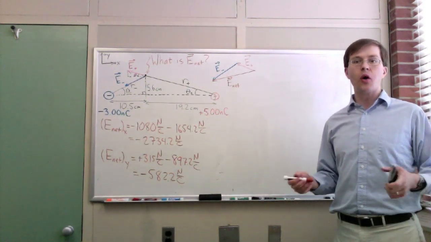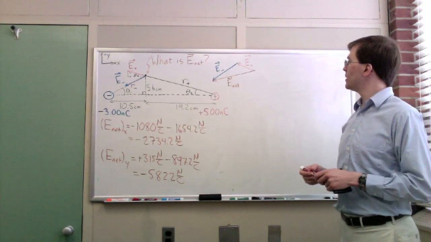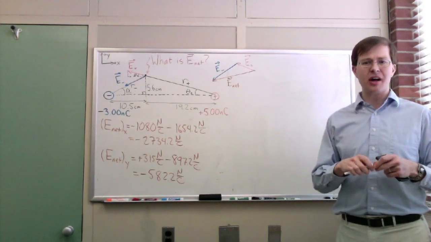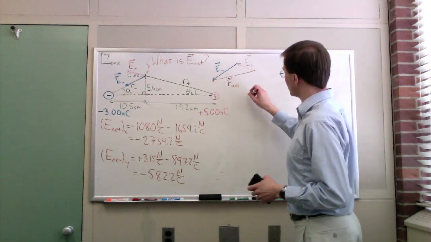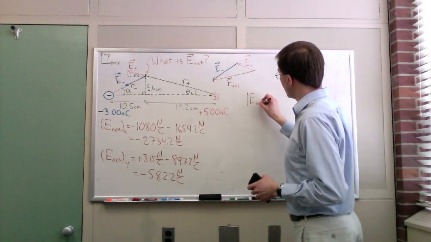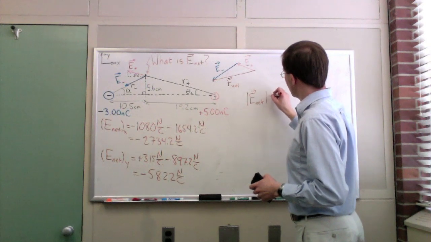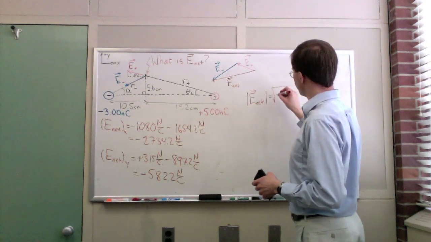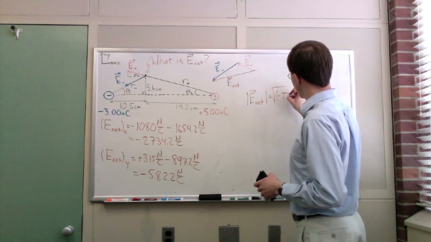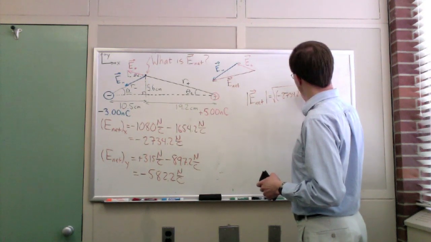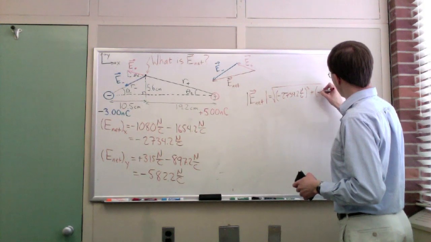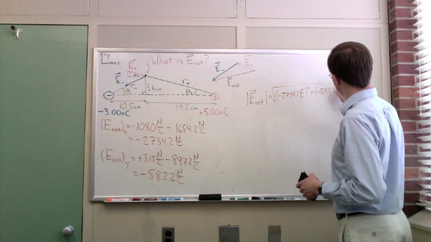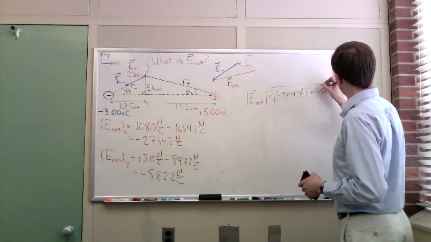If we wanted to, we can go on and calculate the magnitude and the angle of this field. This is just vectors at this point. Magnitude is easy, just Pythagorean theorem stuff. The magnitude of the net field is just the square root of minus 2734.2 newtons per Coulomb squared plus minus 582.2 newtons per Coulomb squared.